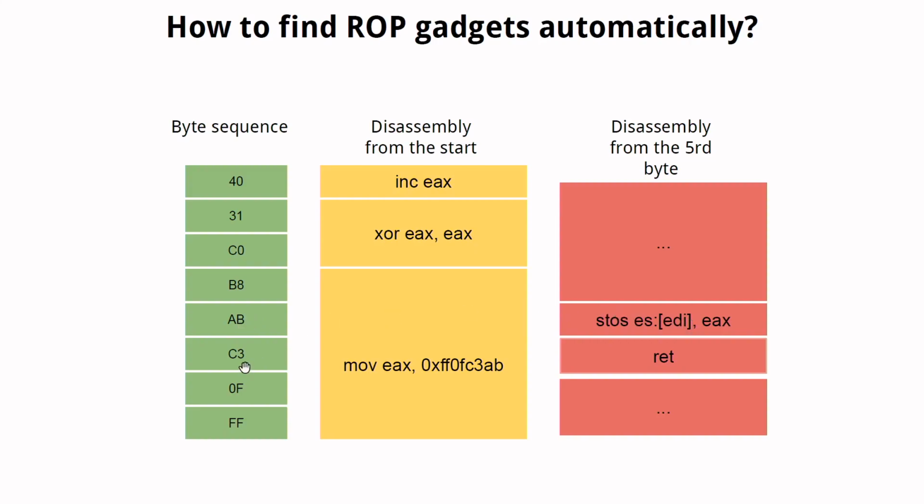Then the next one, the C3, will be interpreted as a return instruction. So when you do a return, you don't have to return to the beginning here. You can return to anywhere. If you return to the AB, then you are going to execute a store instruction, then a return instruction. That C3, which originally was just data, now becomes the return instruction.